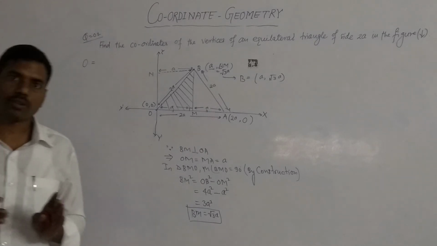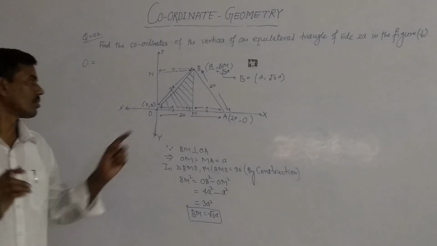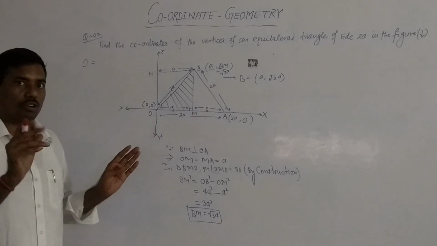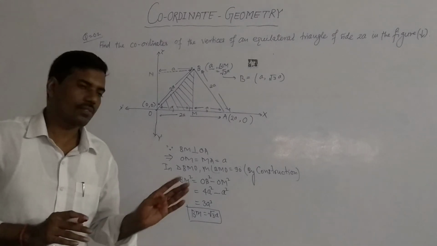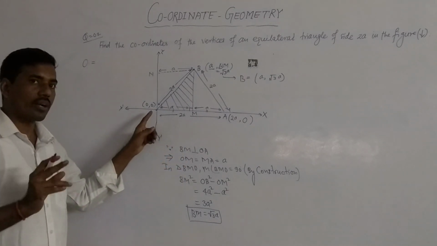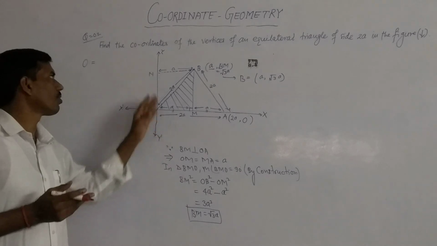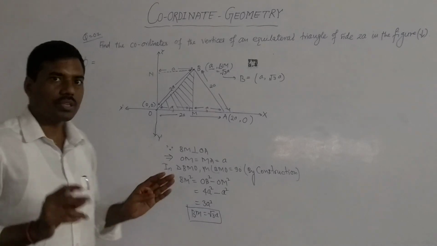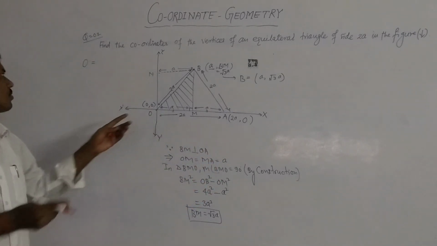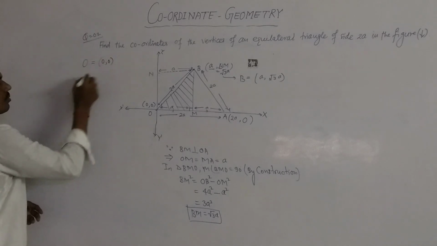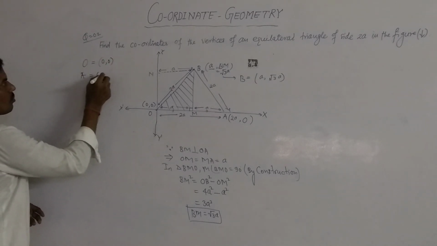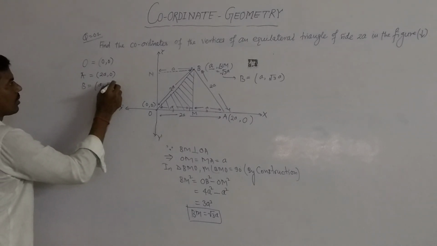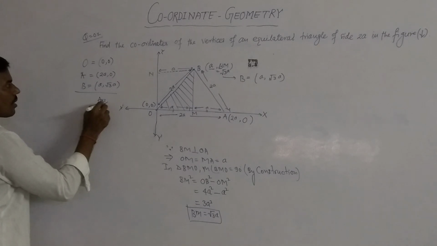The distance of point O from the y-axis is 0, and since O is the point of intersection of the axes, the distance of O from the x-axis is 0. So O is (0, 0). Point A is (2a, 0). Point B is (a, root 3 a). This is our answer.